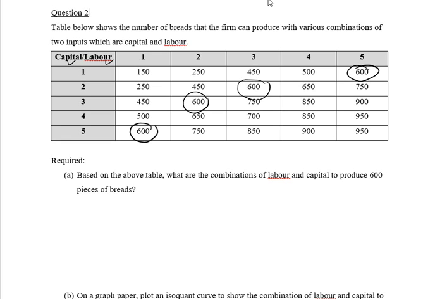So what you need to do is just list down the combinations of capital and labor. For the first one, you have 1 labor, 5 capital. This is capital, this is labor. And then here you have 2 labor, 3 capital.